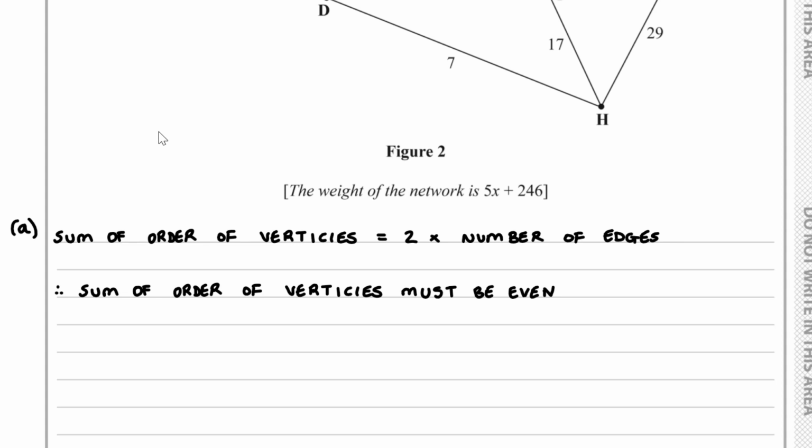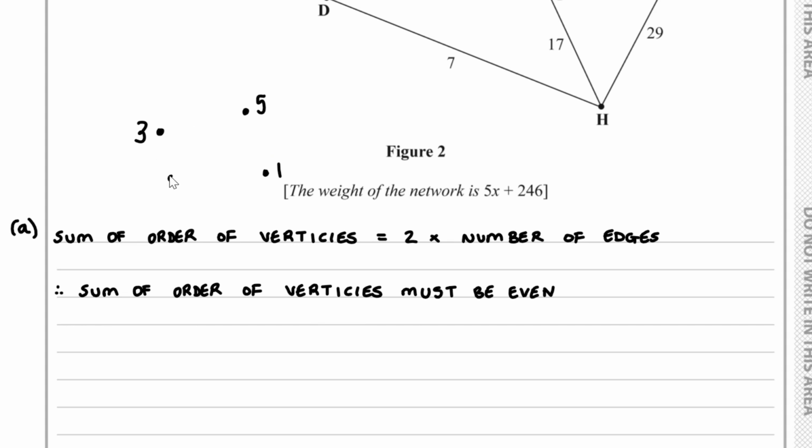if I have a couple of nodes over here, and let's suppose this one has 3, this one has 5, and this one has 1. Then here we've got 3 plus 5, which is 8, plus 1, which is 9. So this is odd, but we want even.